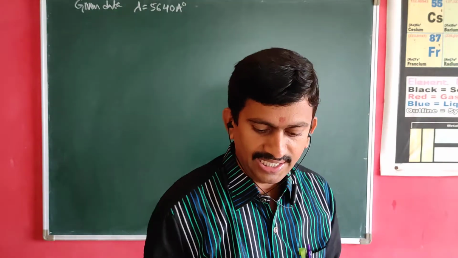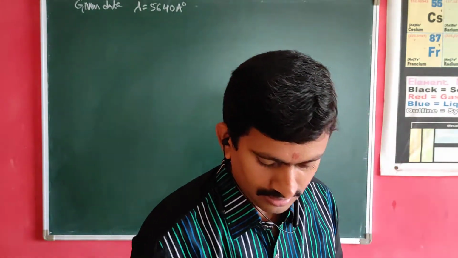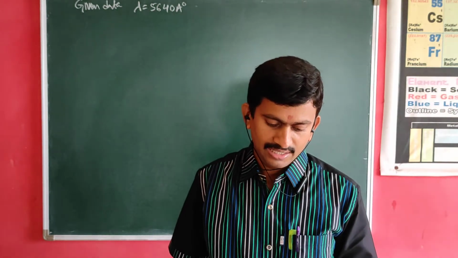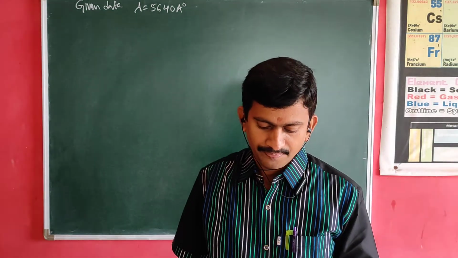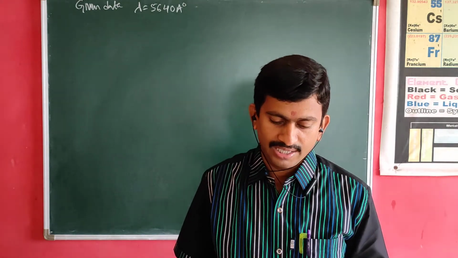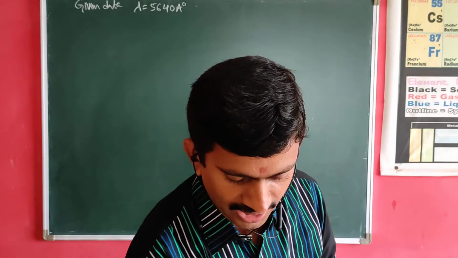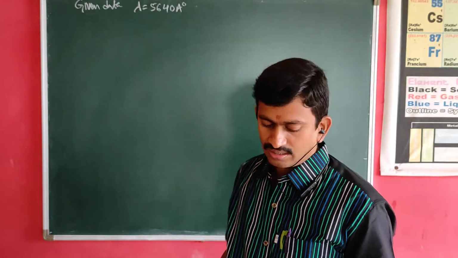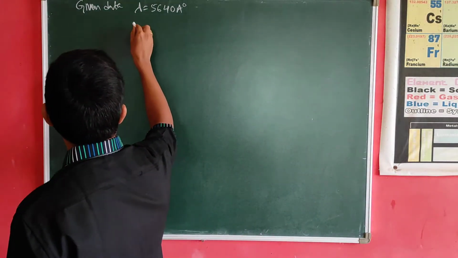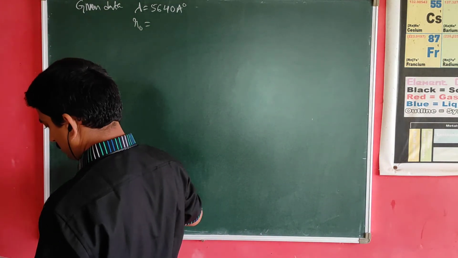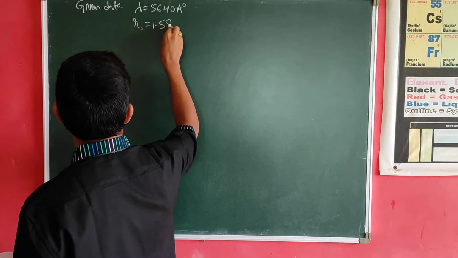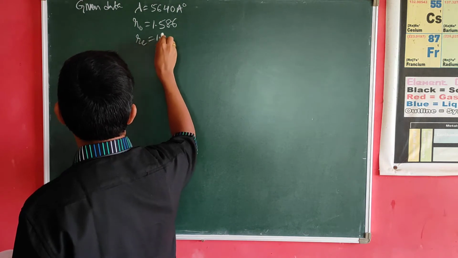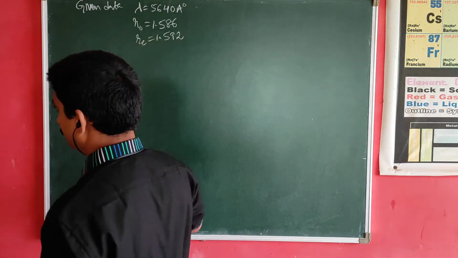The indices of refraction for the ordinary ray and the extraordinary ray in the mica are mu O equal to 1.586 and mu E equal to 1.592 respectively.